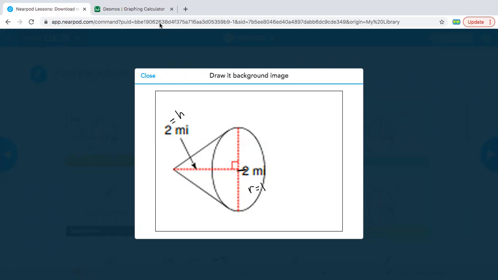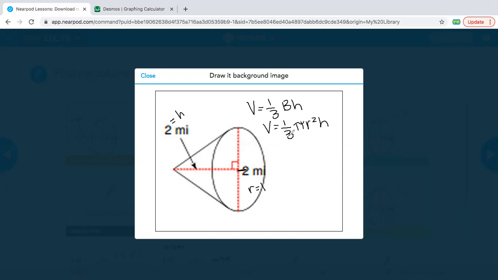All right, anyone bold enough to share what they got? I got 2.09. That's exactly what I got.